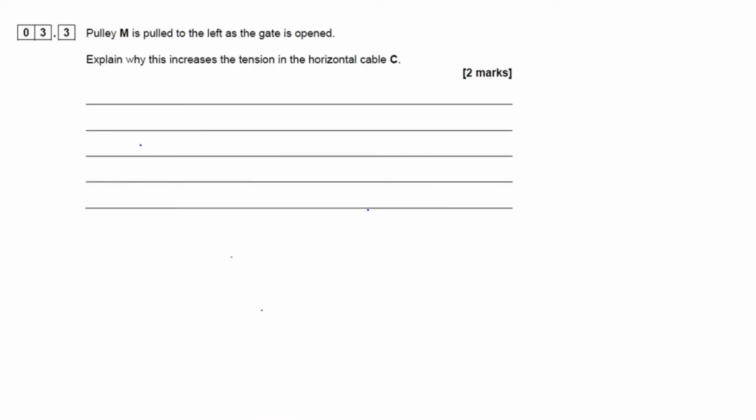This still has to be in equilibrium. So considering that, if we write what's happening here, why the tension increases, we have to mention the idea that the point M is in equilibrium, and angle 55 degrees decreases.